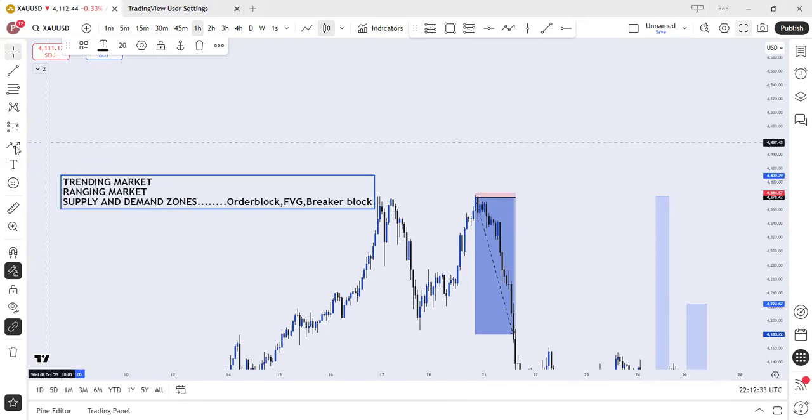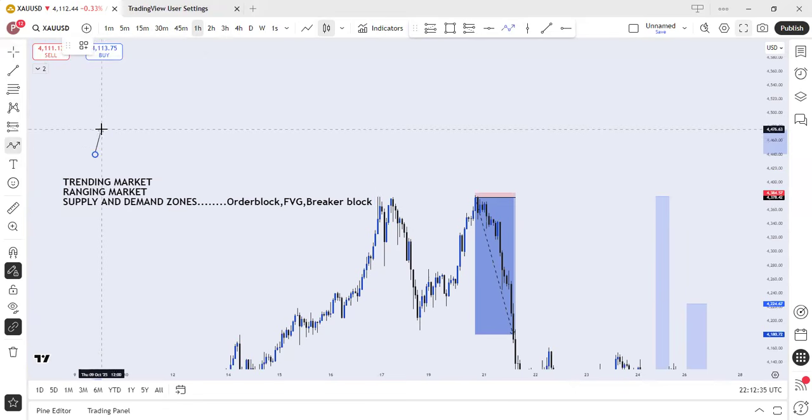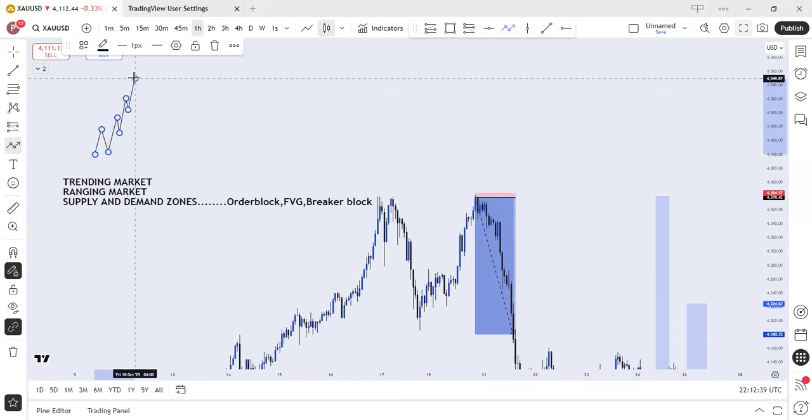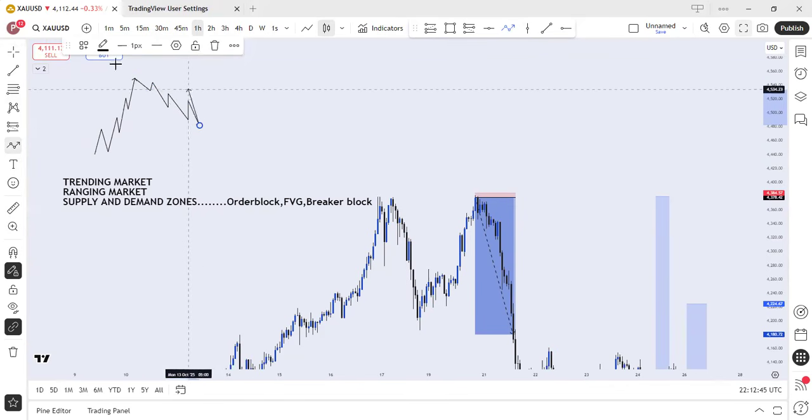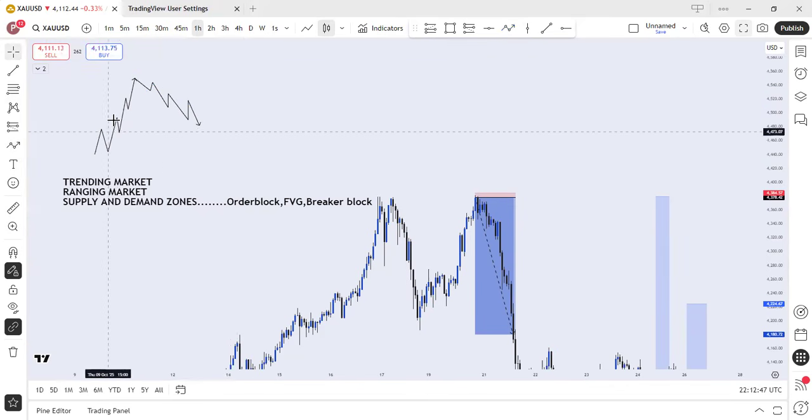What do I mean by trending markets? It means you having higher highs and higher lows. It means uptrend, right? And then lower highs and lower lows, right? So these are trending markets. It's either you see this or you see this. So these come under the trending market.